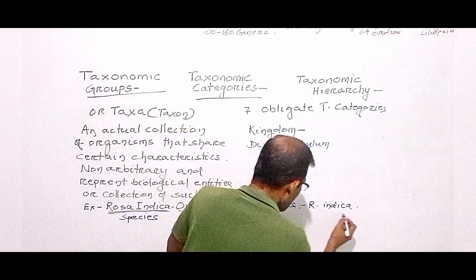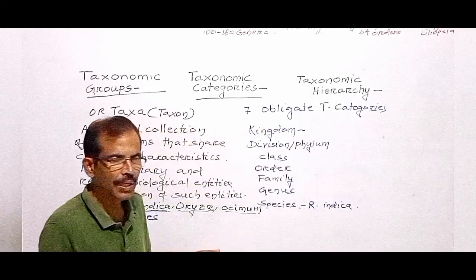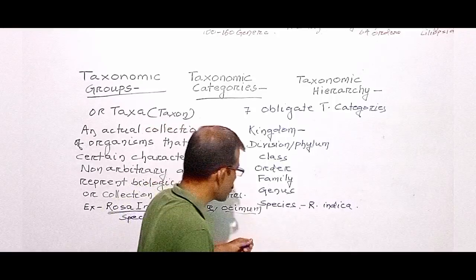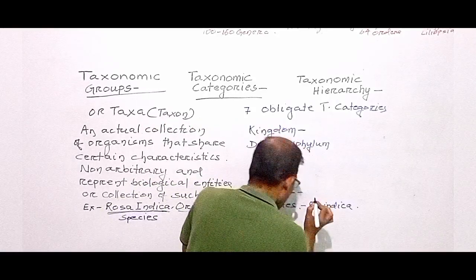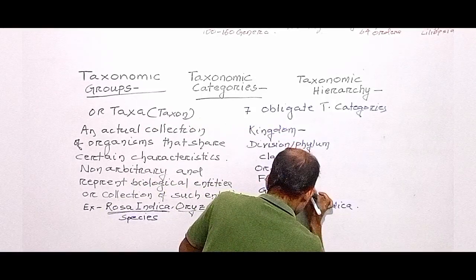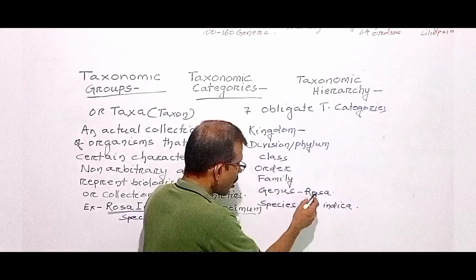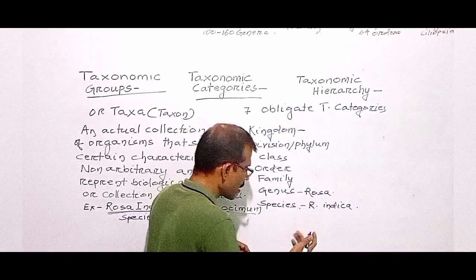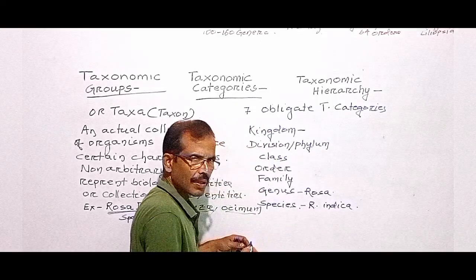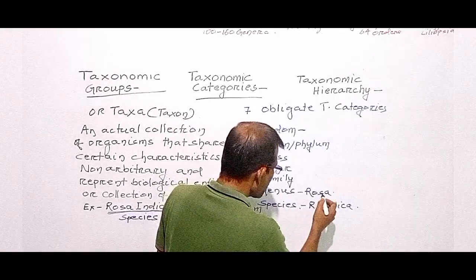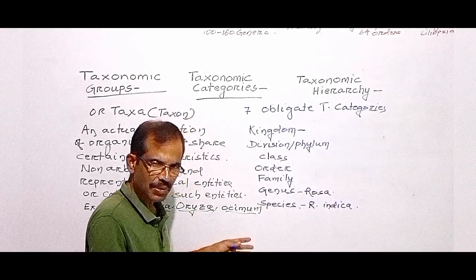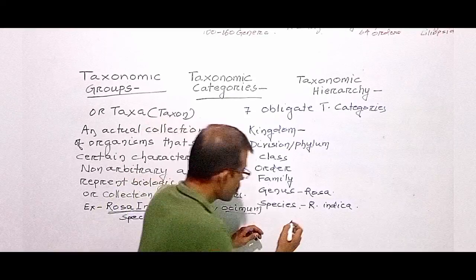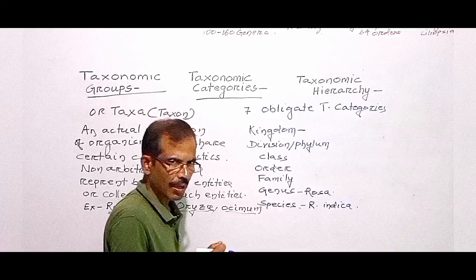So Rosa indica along with remaining species of rose are grouped together and are included in another taxonomy group, that is Rosa. Of these two, Rosa is more inclusive than Rosa indica. This is because Rosa is a genus. It consists of a number of species out of which Rosa indica is one.